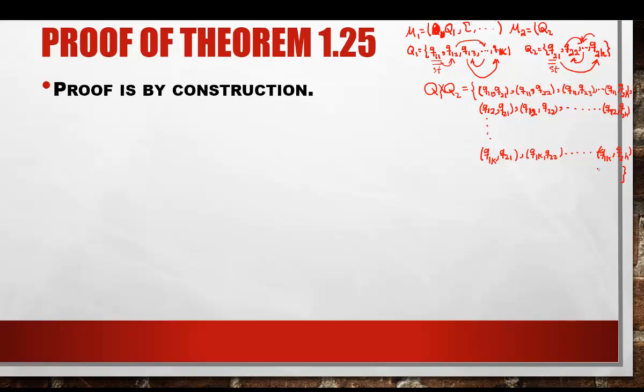Now, what's really great about this? See, I want to simulate the two automatons simultaneously, which means that at some point in time, my first automaton may be in some state, my second automaton may be in some other state. And then on the next symbol, the first automaton will go to one of its own states, and the second automaton may move to any number of its own states, right?